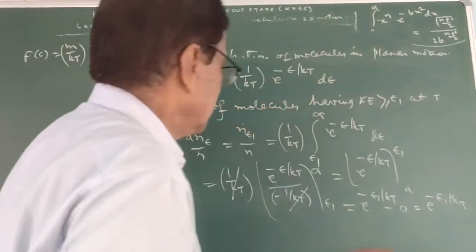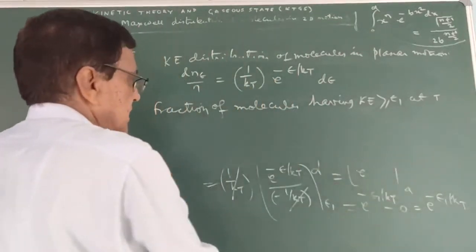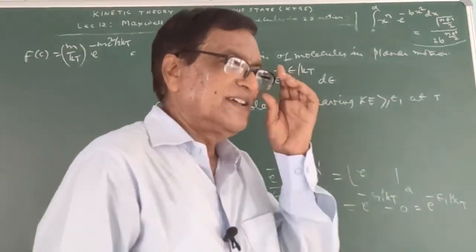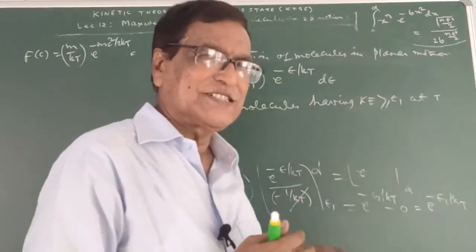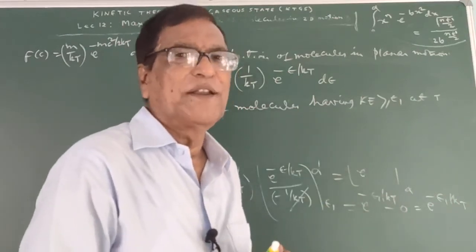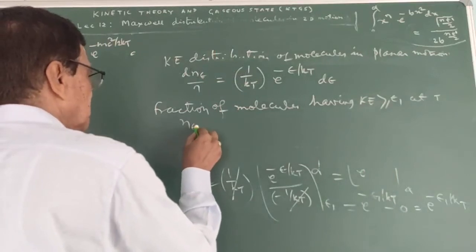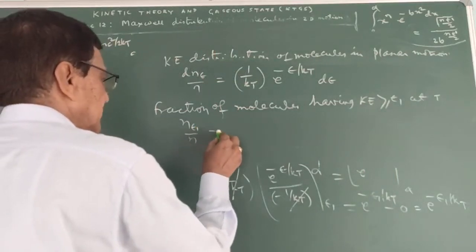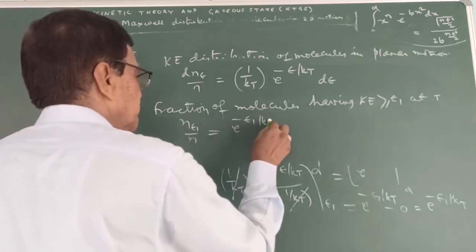The expression becomes very, very simple in comparison to the 3D motions. In case of 3D motions, the calculation was very difficult. Here the calculation is very simple. So this fraction N epsilon 1 by N is equal to e to the power minus epsilon 1 by kT.